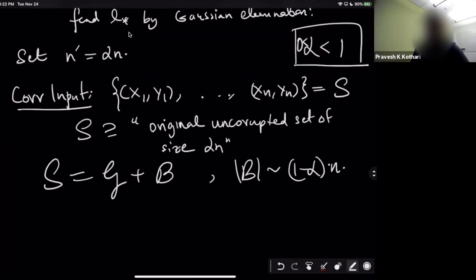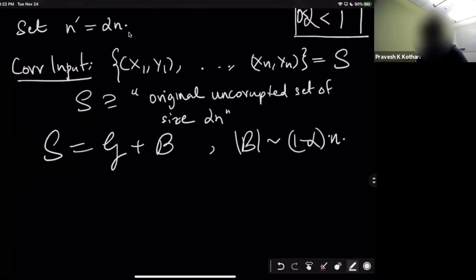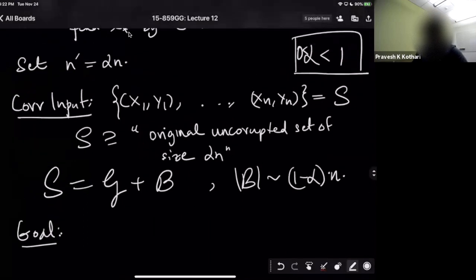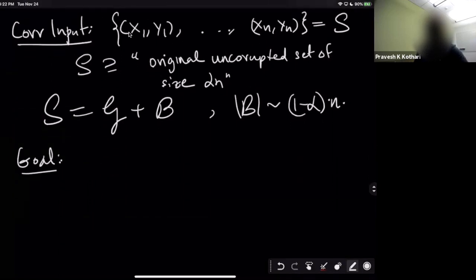Now what's my goal? Let's set alpha to be something tiny. Let's say alpha is even less than half. You'll see in a second why I think half is an interesting threshold. For this model, I can ask the following question: find L star. Is this possible?